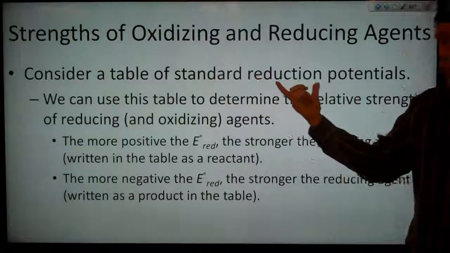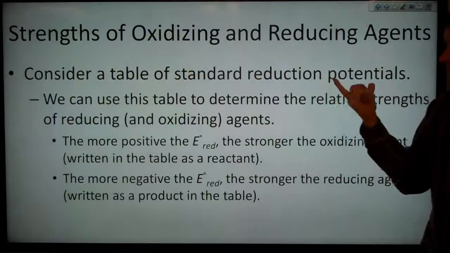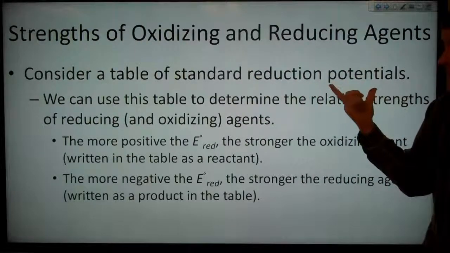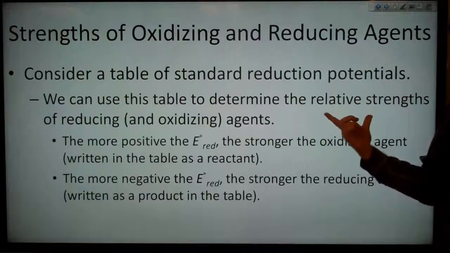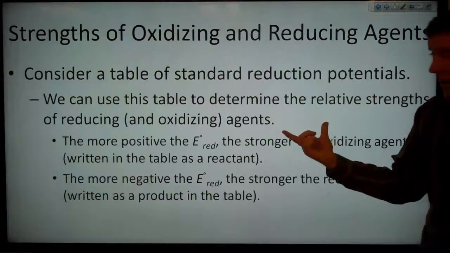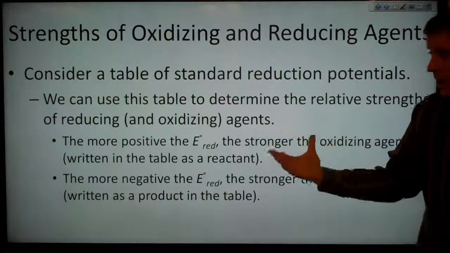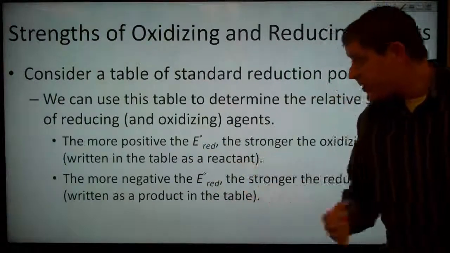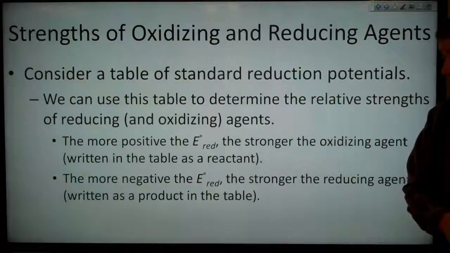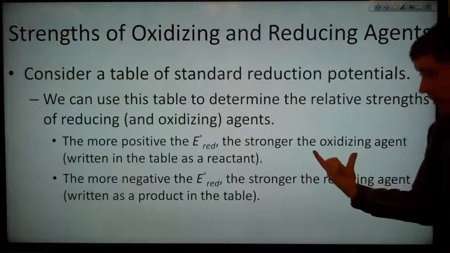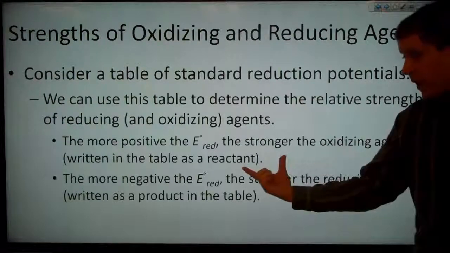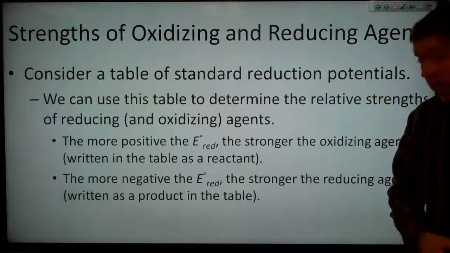So let's consider a table of standard reduction potentials like the one in the back of your book. We can use this table to determine our relative strengths of reducing and oxidizing agents. And the more positive the value of our standard reduction potential, then the stronger the oxidizing agent is. And this is written in the table as a reactant.